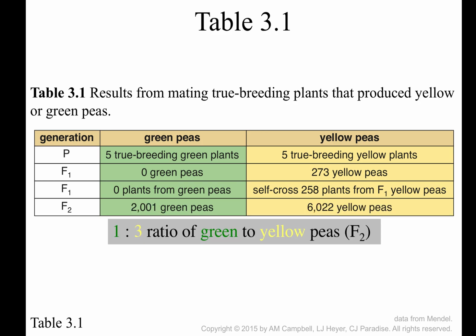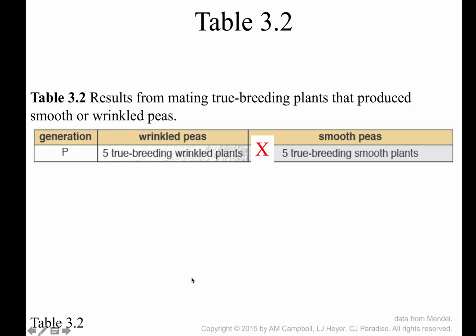Okay? And if you look at the ratio of the peas he got from that cross, he got about 2,000 green peas and about 6,000 yellow peas. And that's a 1-to-3 ratio of green to yellow. So again, yellow is dominant, green is recessive, but green shows up in the F2 generation and was missing in the F1 generation. So how did that happen? How can we explain that?